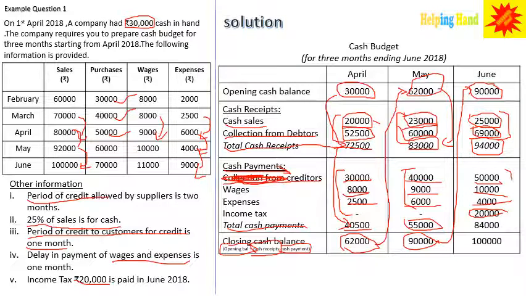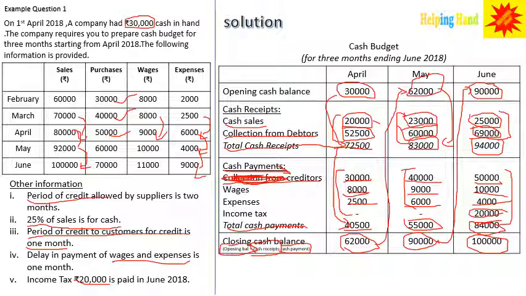Next, we take all these four expenses added together and arrive at 84,000. So 1,84,000 minus 84,000 shall give you 1 lakh cash balance, which is the remaining cash balance for the month of June. So this is how you solve a cash budget sum.